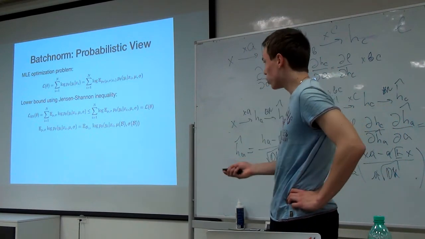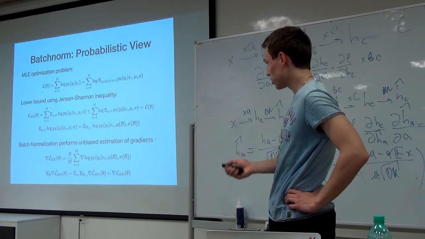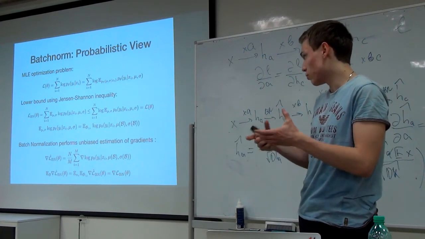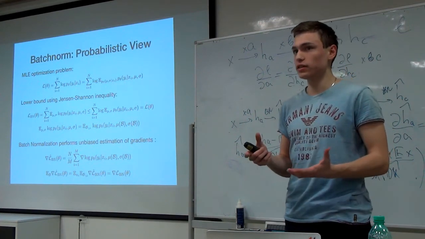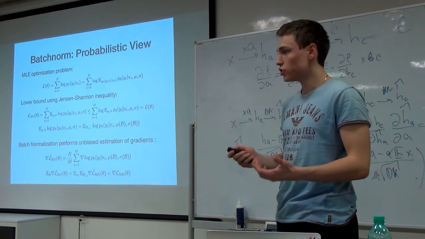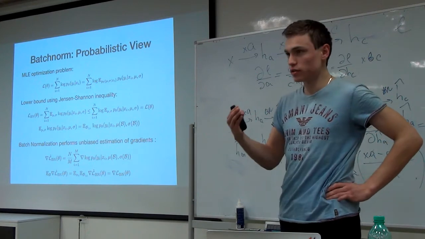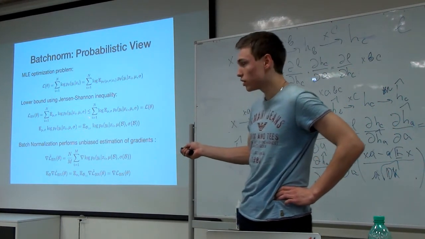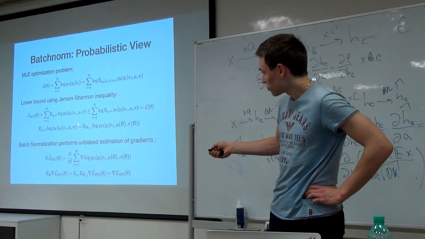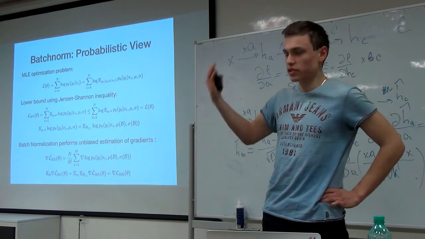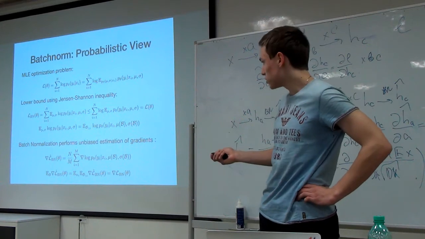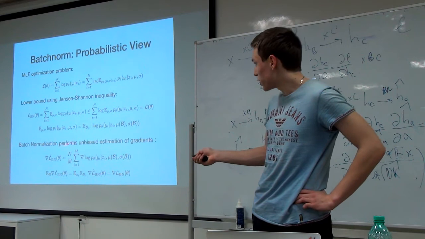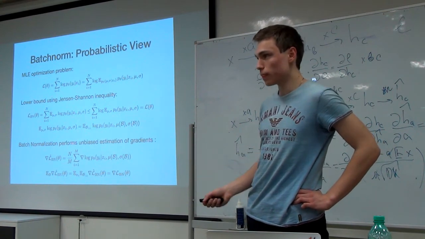And that's actually what batch normalization does. They pick a batch of objects from training data, and for each object in this mini batch, it performs a one-sample estimation of this integral, this expectation, using the same batch. It gives us an unbiased estimation of the full gradient of the lower bound.